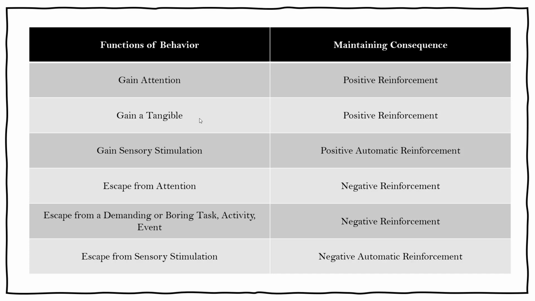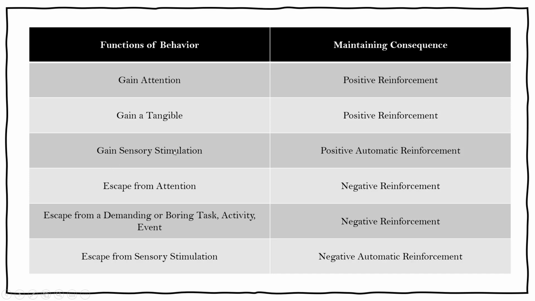And so when we talk about sensory stimulation, we're talking about automatic reinforcement in the sense that the behavior within itself produces the reinforcer. So if you think about these two up here, so gain attention and gain a tangible, the attention and the tangible are provided by another person.